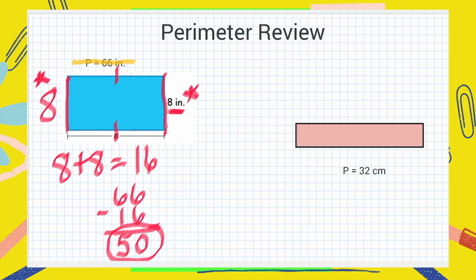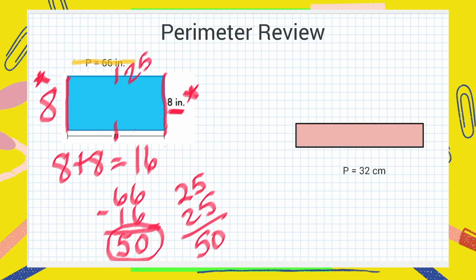It's the same value as a quarter. If I double a quarter, what do I get? 50 cents, that's right. So that means that I can split 50 into two groups of 25. 25 here and 25 here.